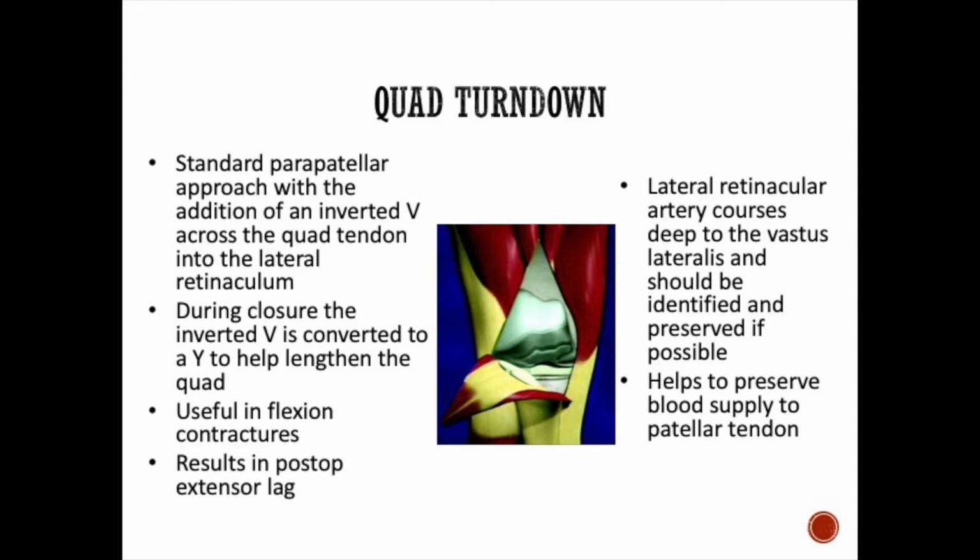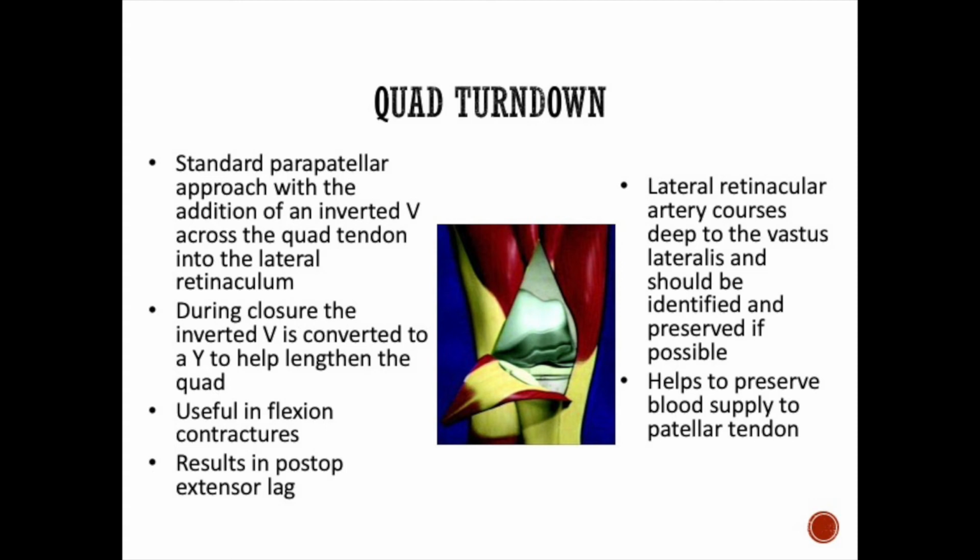The quadriceps turn down is essentially a V-shaped incision, so your standard medial parapatellar arthrotomy, and then at the apex of that, you then turn down laterally and come out the lateral side at the mid-pole of the patella, and then as you can see in that image in the middle, it peels it open.